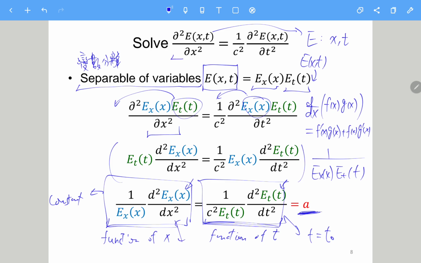We already converted this single partial differential equation.